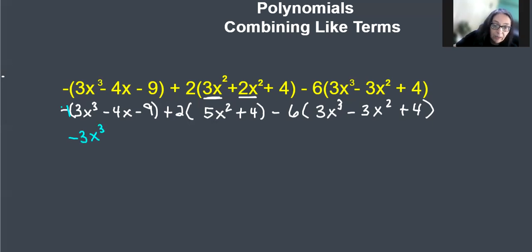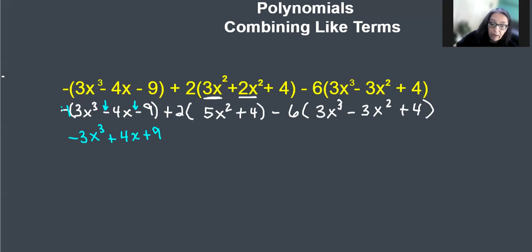A negative times a negative is a positive. 1 times 4x is 4x. And a negative times a negative again is a positive, and 1 times 9 is 9. So I distributed that negative all the way through, and you can see what it did is it changed all your signs.